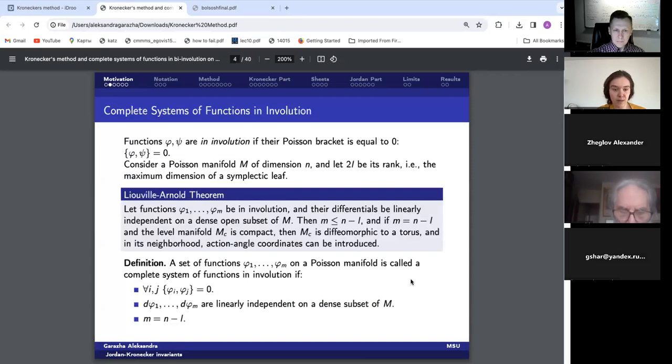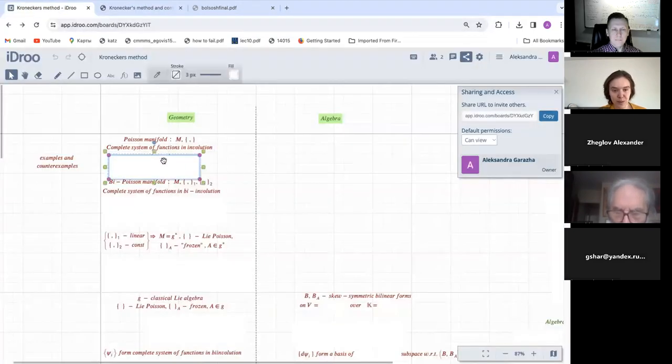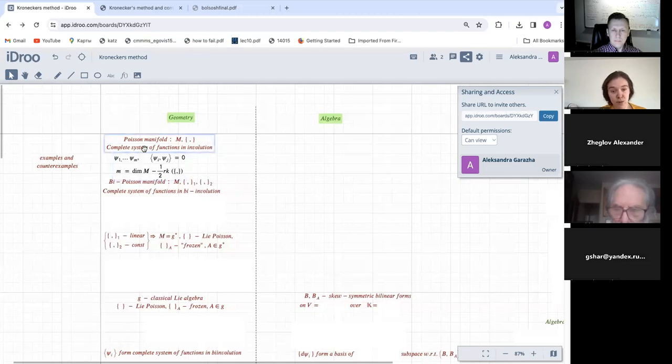And we have the Liouville-Arnold theorem that says that if we found a big enough system of functions in involution, then we can find good coordinates, action-angle coordinates. So if we have a Poisson manifold, then we want to find this complete system of functions in involution.